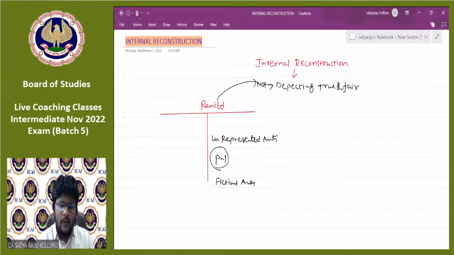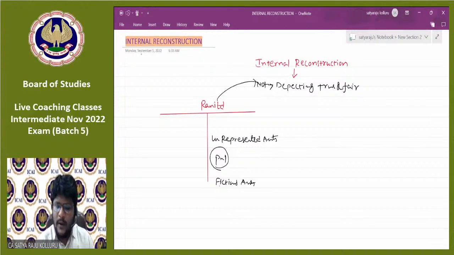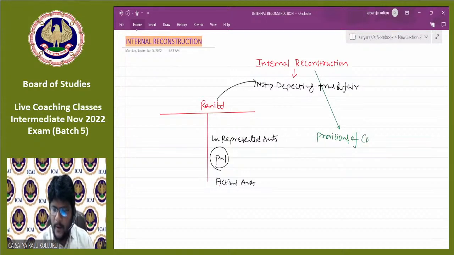No, the entire process of internal reconstruction depends completely upon the provisions of the Companies Act 2013, depending upon the type of internal reconstruction selected. So the provisions of the Companies Act 2013 will decide the type of accounting treatment we need to follow or the procedure for internal reconstruction we need to adopt.